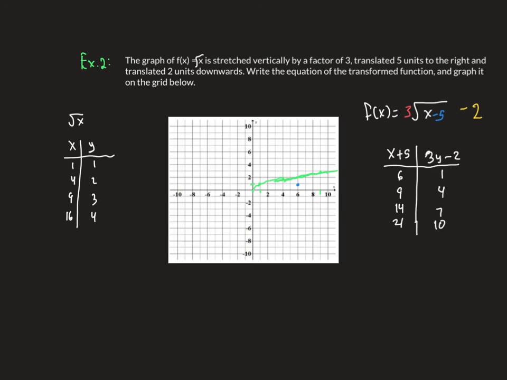The 9, that's going to give me 4. Okay. The 14 would have given me 7, and so on. So moving it down. And that's what your new one looks like.